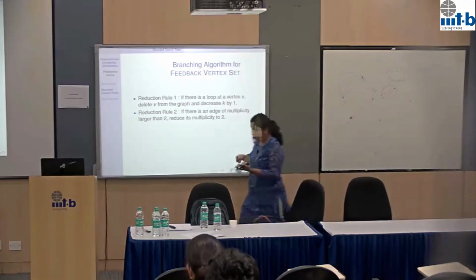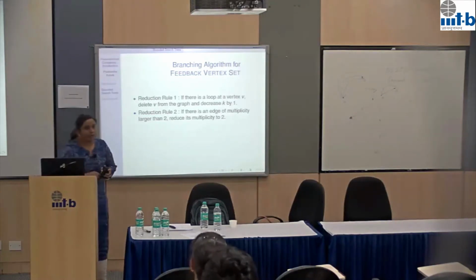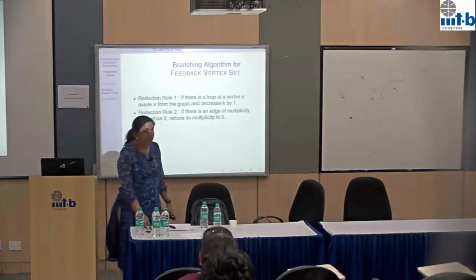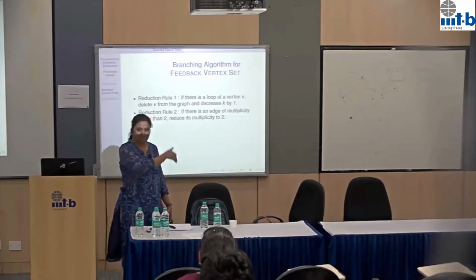The multiplicity of UV is 2. Why is this okay? Can I say that the answer after this reduction is the same as the answer to the original instance?